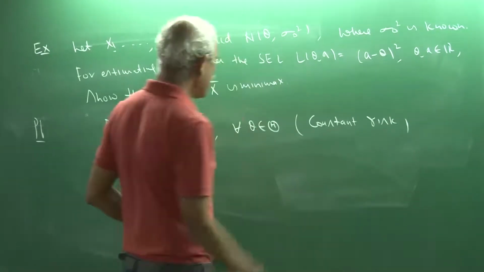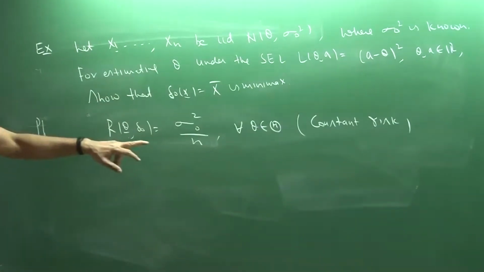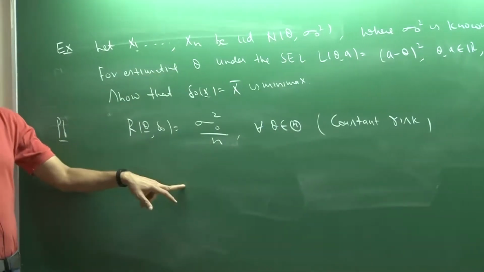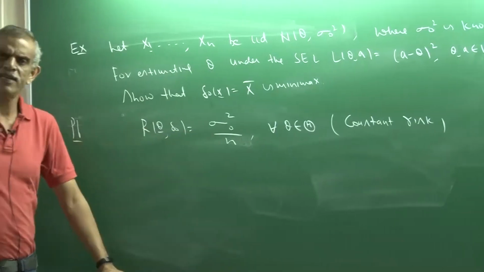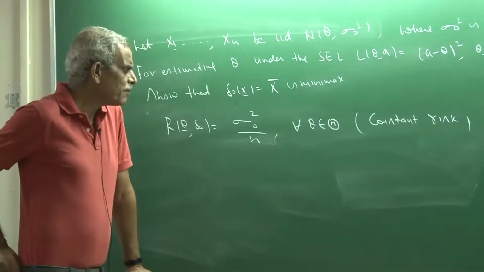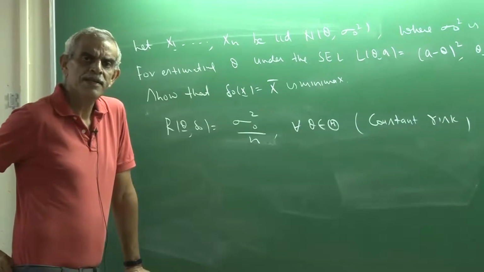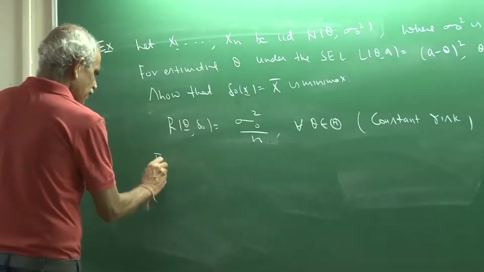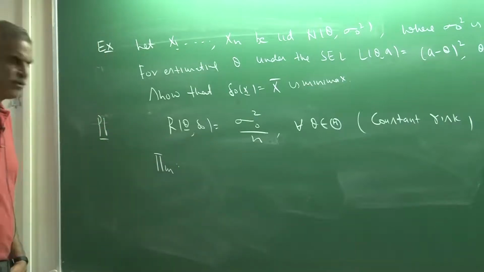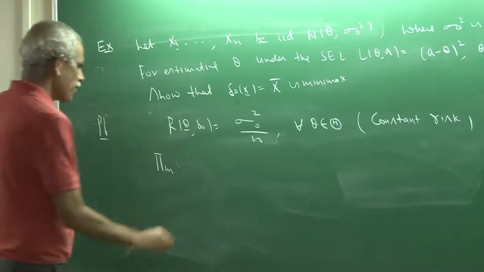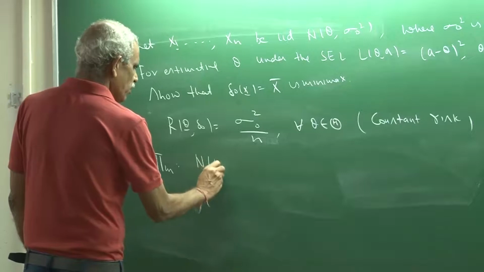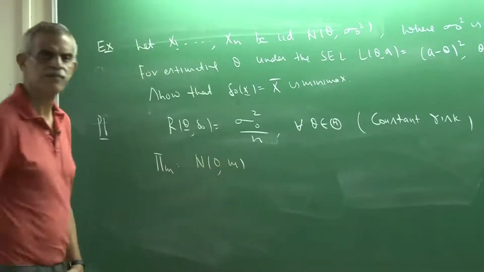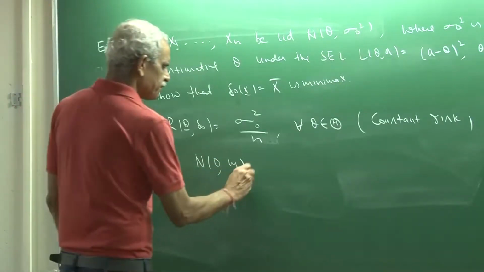So if I can show that a certain Bayes risk converges to sigma naught square by n, then x bar would be minimax. If you recall, we had considered priors while proving the admissibility of x bar. We had considered a sequence of priors pi m, which is normal 0, m, with m greater than or equal to 1.